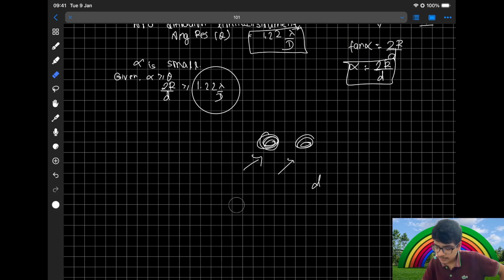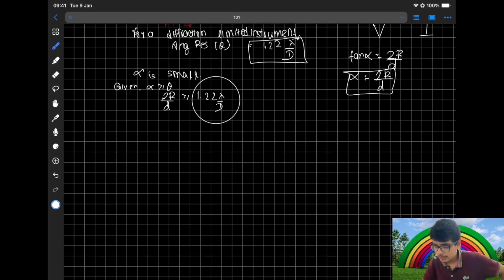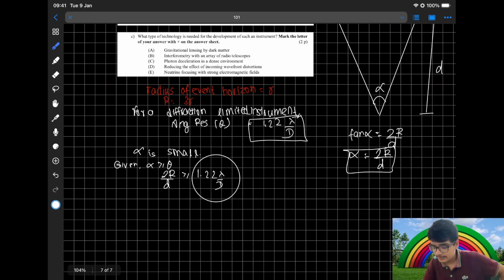But for a telescope which has a reasonable aperture, which means it has a reasonable theta right here, we would easily distinguish these two objects. That is simply what it means by this minimum angle needed for a telescope to reach, which is 1.22 lambda by D. So this is just it.